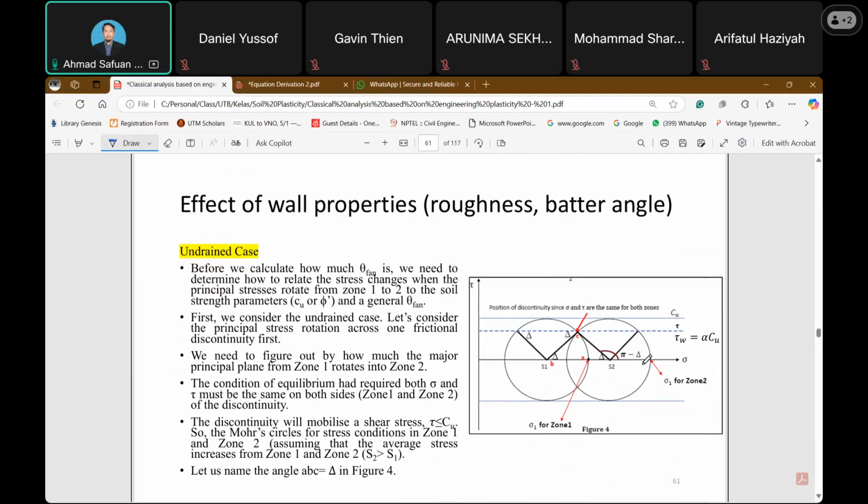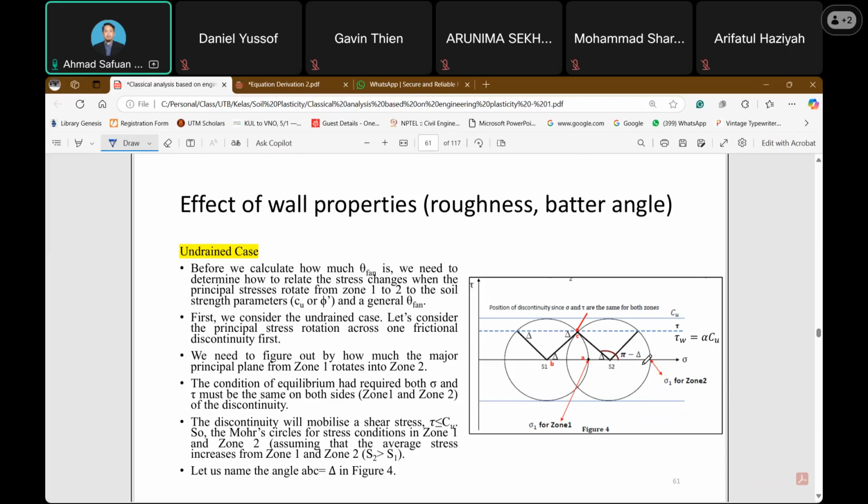Before we calculate how much theta fan is, we need to determine how to relate the stress change when the principal stresses rotate from zone 1 to 2 to the soil parameters, C and phi, and a general theta fan.